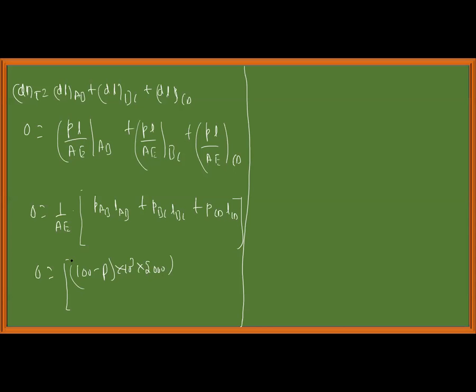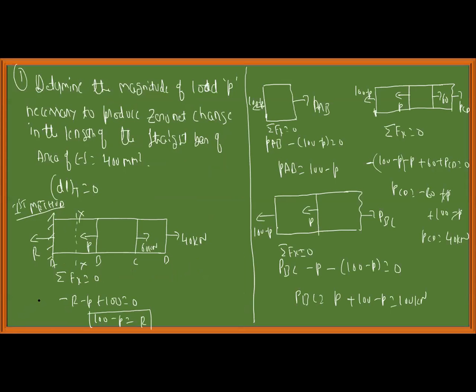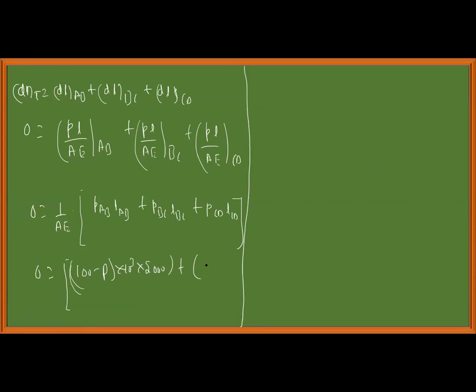Okay, plus P of BC, it's 100 kilonewton, 100 into 10 power 3 into length of BC, 1000 mm, plus P of CD, 40 kilonewton, 40 into 10 power 3 into 1000, or 0, which is equal to 10 power 3 throughout.